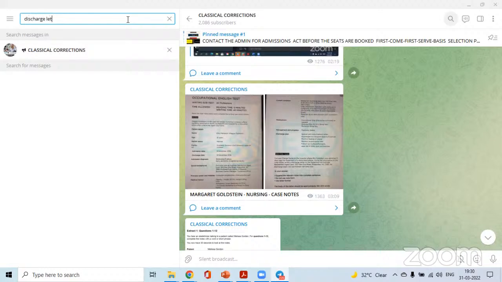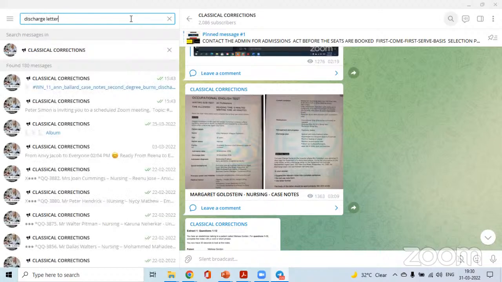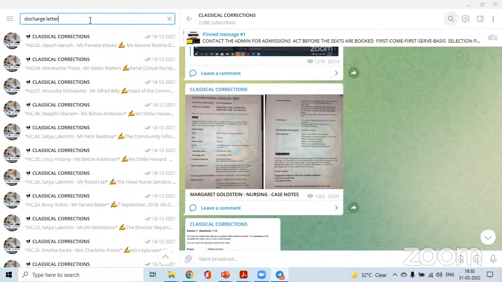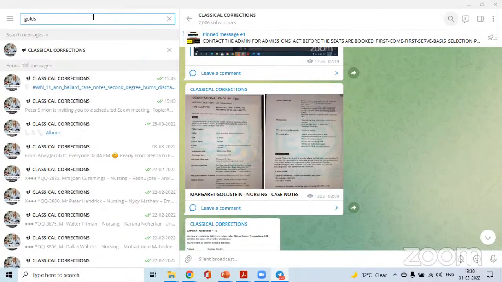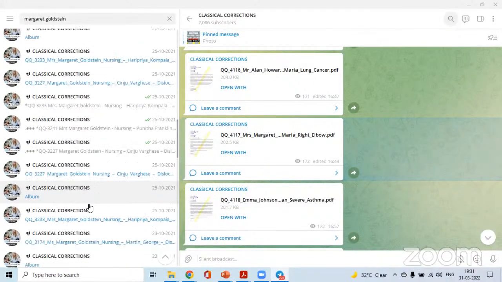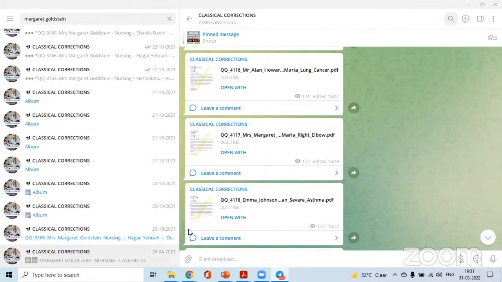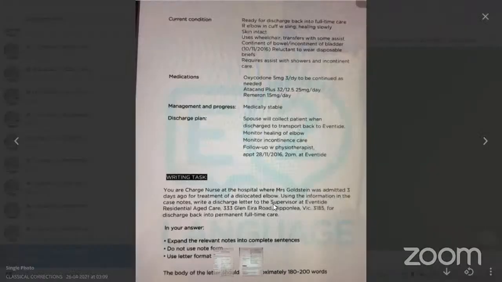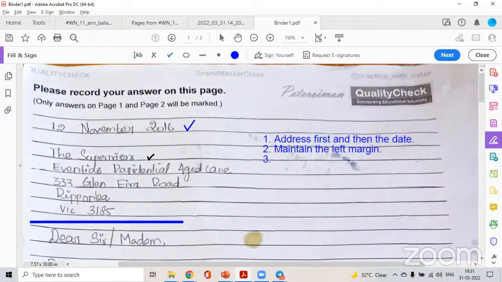Discharge letter. So discharge letter, supervisor, event type, residential aged care. Okay, the supervisor, very good.